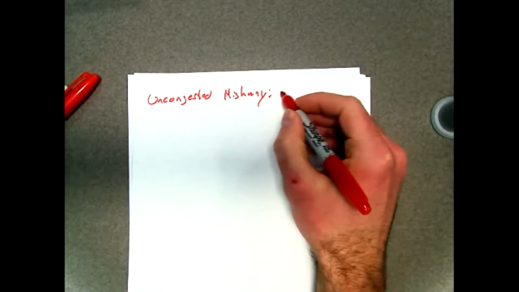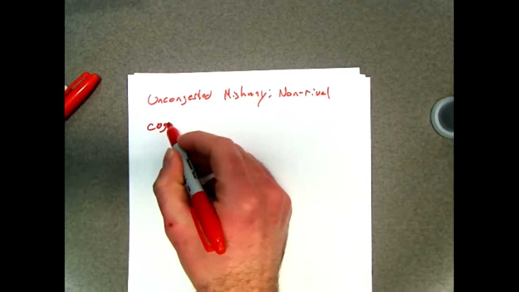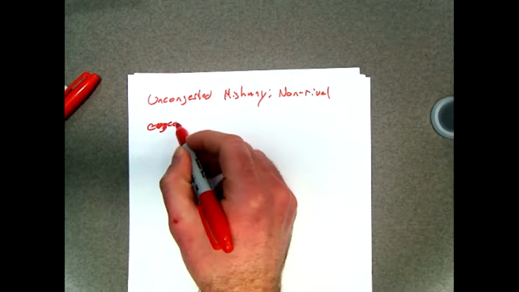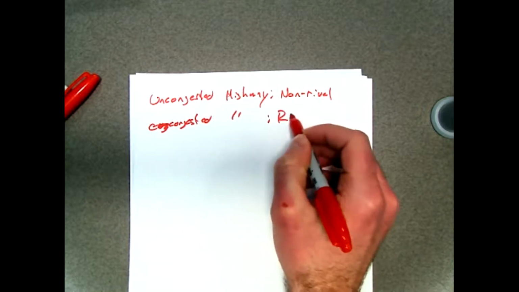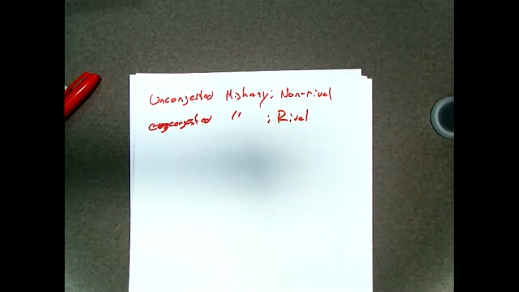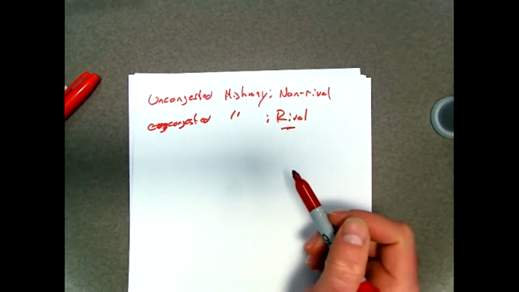So we'd say, in a sense, that would be a non-rival good. As soon as it becomes congested, we would say it's rival, right? If a congested highway is causing people to have to go slower, detracting from the benefit they get from using that highway, we would say that that's rival.